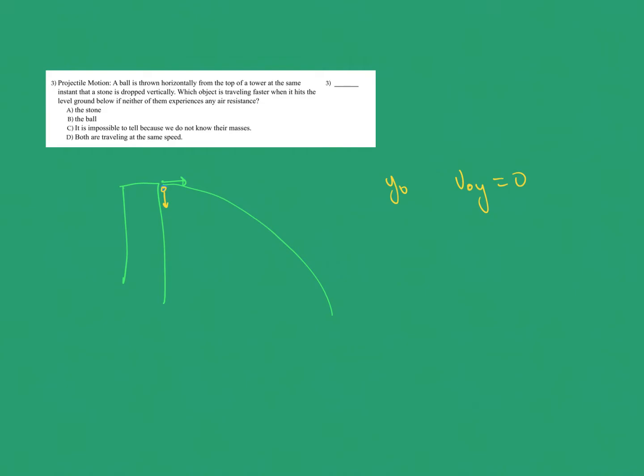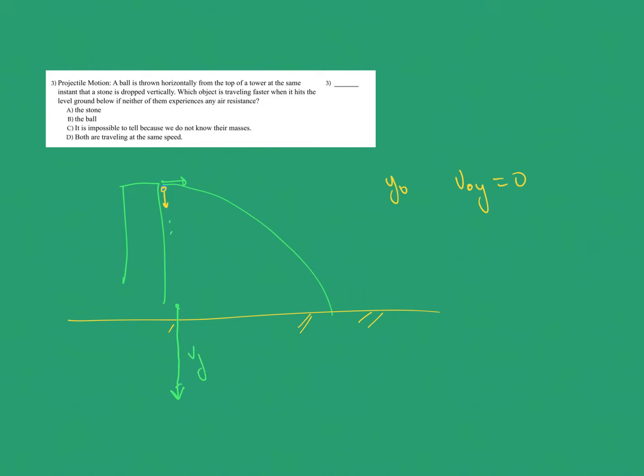So which object is traveling faster when it hits the level ground below, if neither of them experiences air resistance? When it hits the floor, the object is an object with constant acceleration, so the velocity increases.